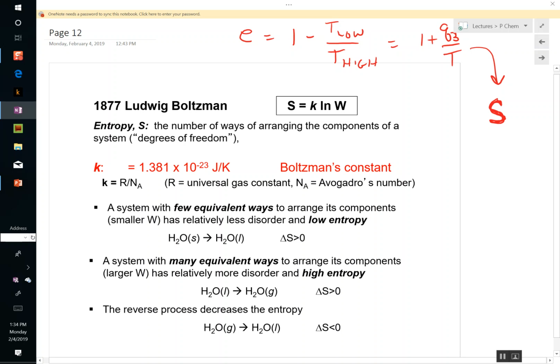Here's Boltzmann's constant, which is almost more fundamental than the ideal gas law, although there's a relationship between the ideal gas law constant, Avogadro's number, and Boltzmann's constant. If you just take 8.314 joules and divide it by Avogadro's number, you get Boltzmann's constant, 1.381 times 10 to the minus 23rd joules per K.